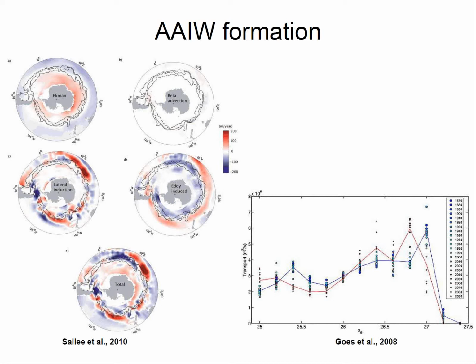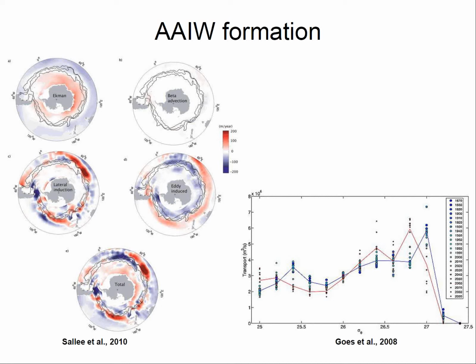Subduction is when the water crosses the base of the mixed layer into the main thermocline during the winter. And we see that here in the Southern Ocean the Ekman pumping is mostly positive in this map. So that's how you have the upwelling of deep water.